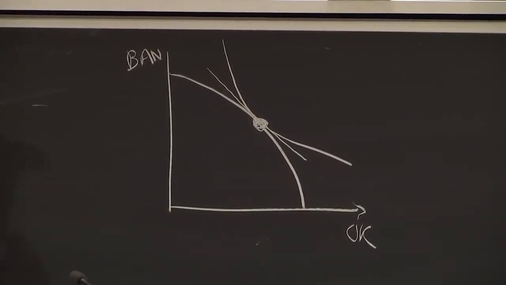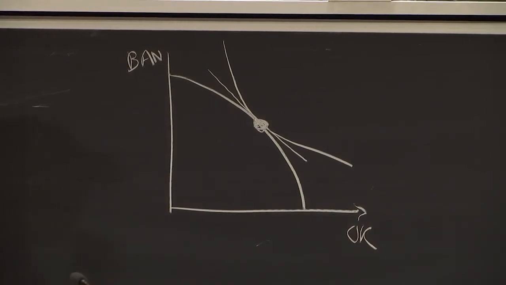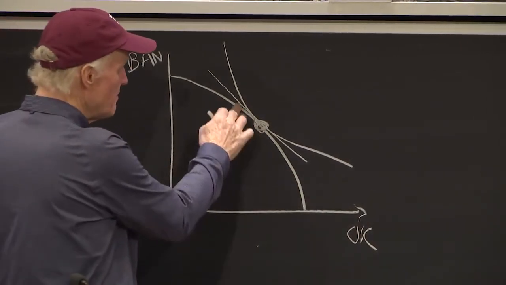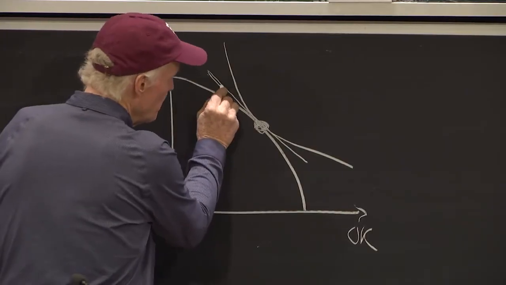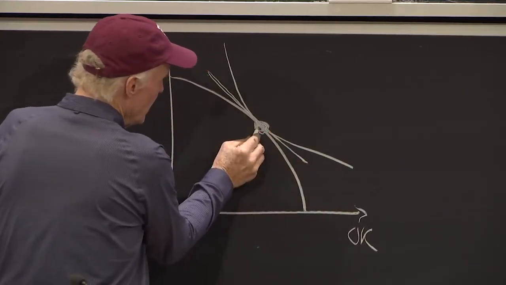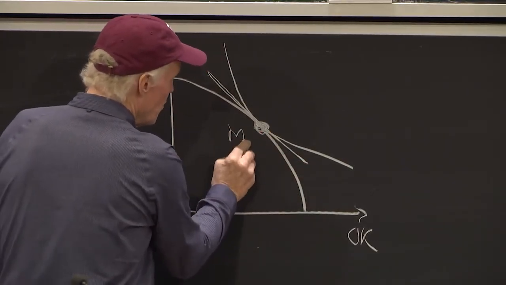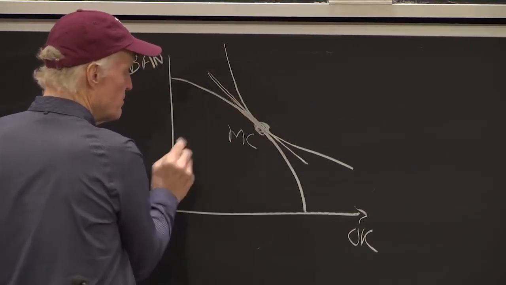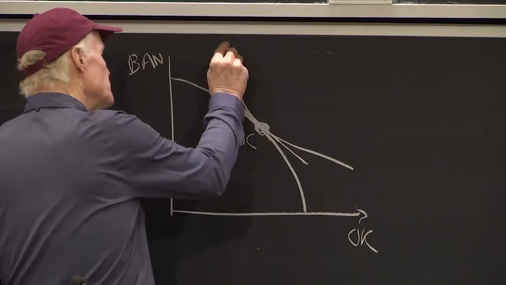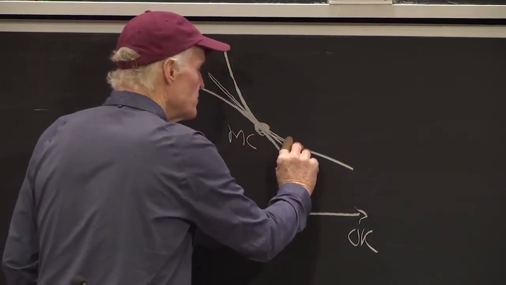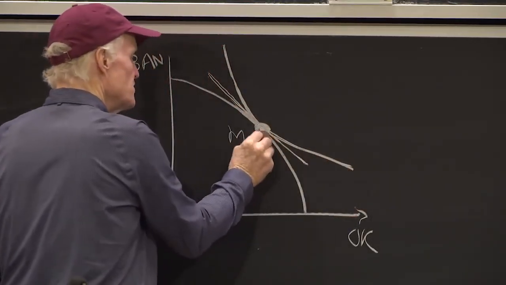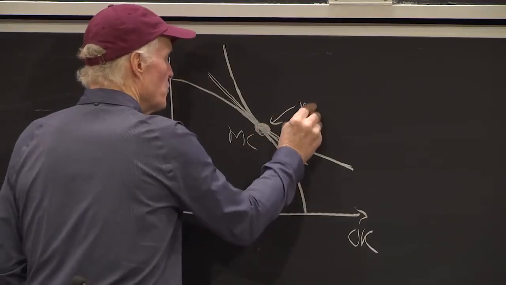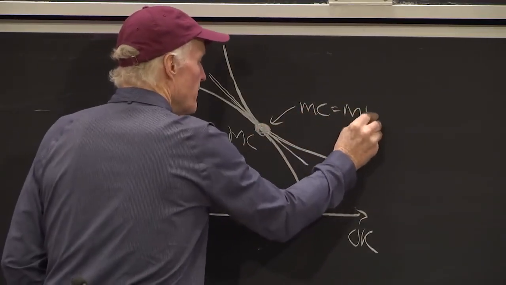So what's he going to do? Well, he's going to want to shift his production, because think about what he's doing here. When he was by himself, he was producing where the marginal cost of oranges, which is the slope of his PPF, that's how much it costs to produce additional oranges, was equal to the marginal value of oranges, which was the slope of his indifference curve, right?